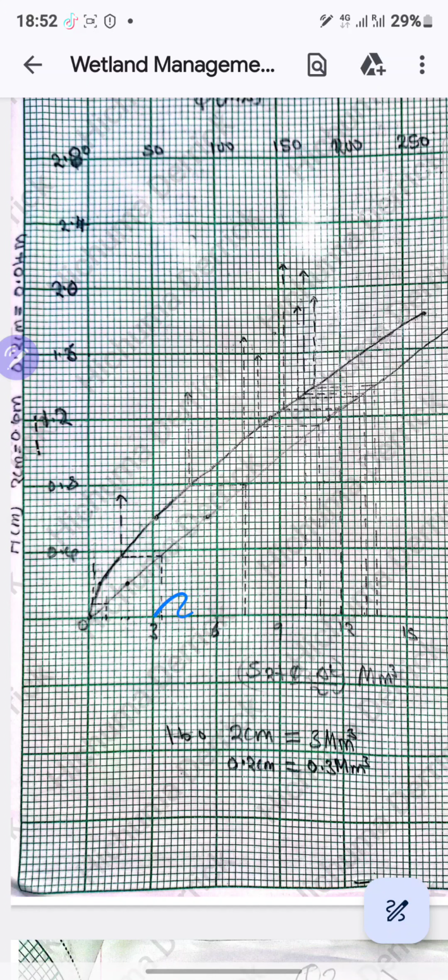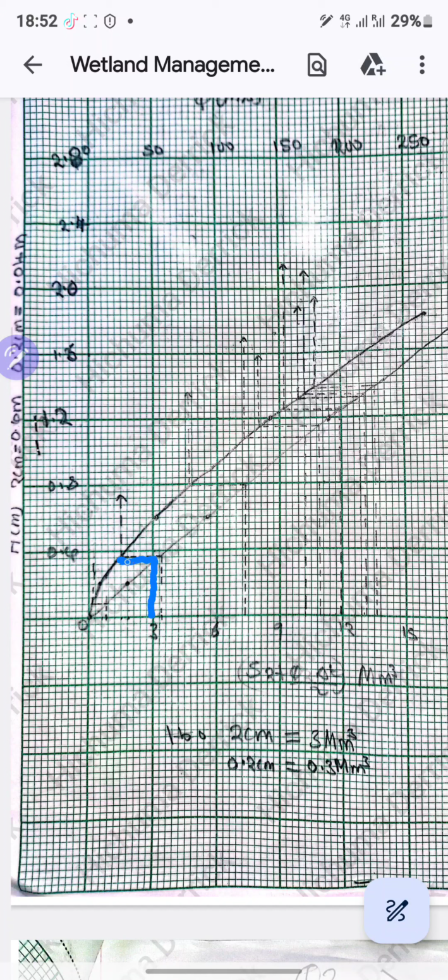So you should also understand your scale. You move up, you come here, this is the first curve, which is indicative storage against elevation. Then you come this side, you hit the second curve, which is the relationship between elevation and the outflow.